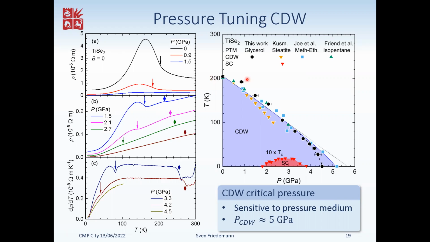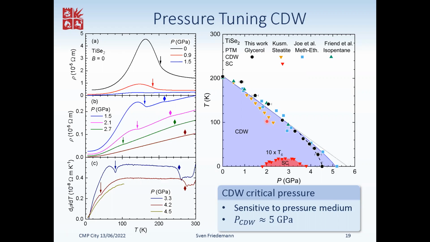So for instance, if you look at these points here in orange, they have been done previously by another group using a different pressure medium, which is not hydrostatic. In fact, it is solid, it's steatite, and that clearly will produce more compression along the z-axis than in the plane. And what one can observe is that the charge density wave is suppressed quicker this way, and also the signatures are lost much quicker.